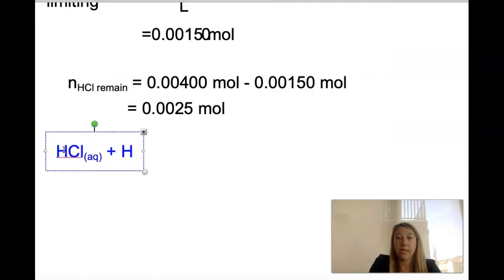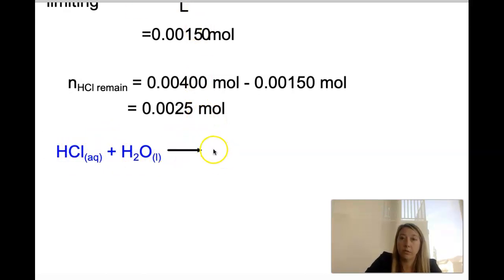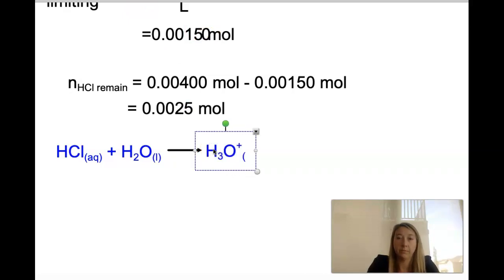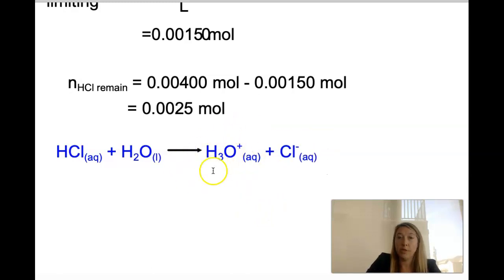It's now basically hanging out in water or salt water, right? So we have that turning into hydronium and a chloride ion. Which is good because this is what we're trying to find, right? The question has asked us to find the concentration of the hydronium.